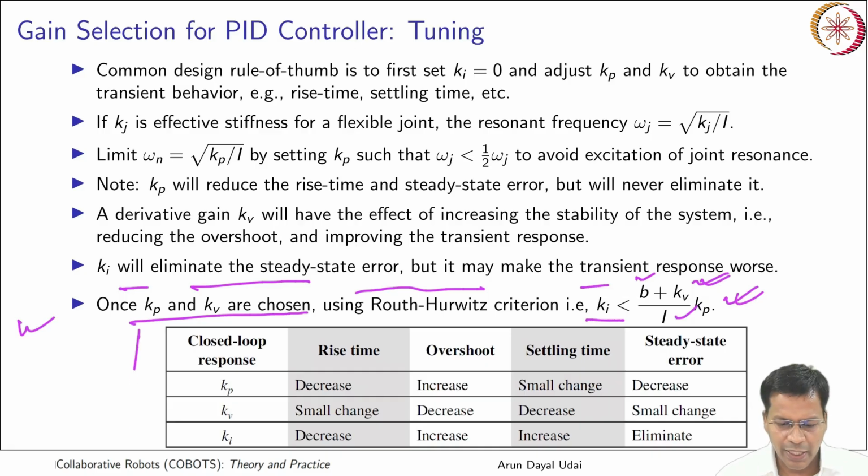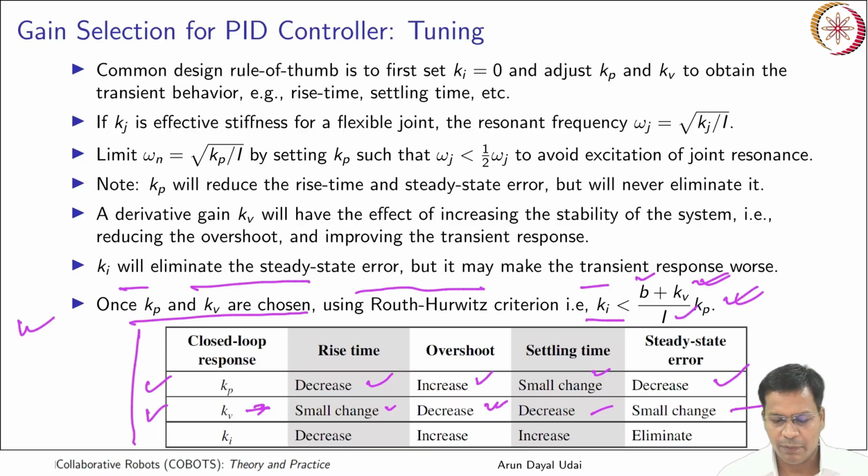This is the characteristics table showing how Kp, Kv and Ki affect your system. Kp decreases the rise time, increases the overshoot, gives a small change in settling time, and decreases the steady state error. For Kv, there is hardly any change in rise time, and overshoot will decrease. If you improve upon Kv, overshoot and settling time will decrease, with a small change in steady state error.